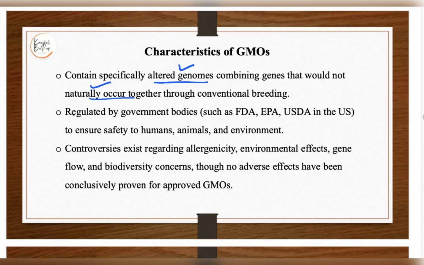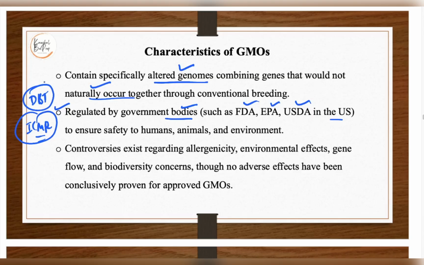Now the second thing is they are regulated by governmental bodies. For example, there is FDA, there is EPA, there is USDA in the US, and in India there is ICMR also, Indian Council of Medical Research. There is DBT. So there are different bodies which basically foresee what kind of genetically modified organisms can be produced, or what kind have been produced so far.